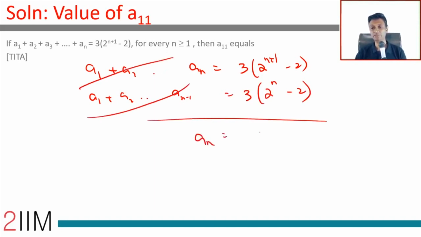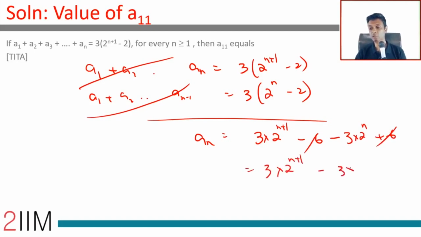We have only an, which is 3 into 2 power n plus 1 minus 6 minus 3 into 2 power n plus 6. This is 3 into 2 power n plus 1 minus 3 into 2 power n, but 3 into 2 power n into 2 minus 1 is 3 into 2 power n, which is exactly what we got by filling in a few numbers.